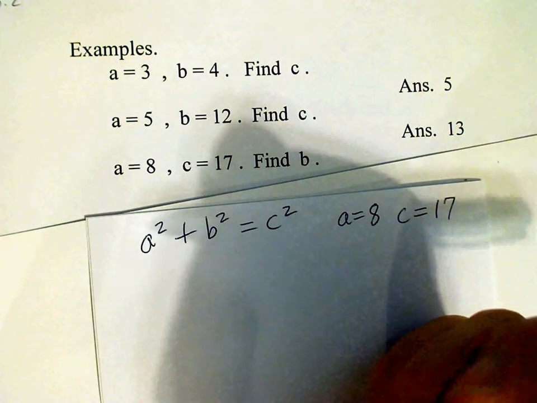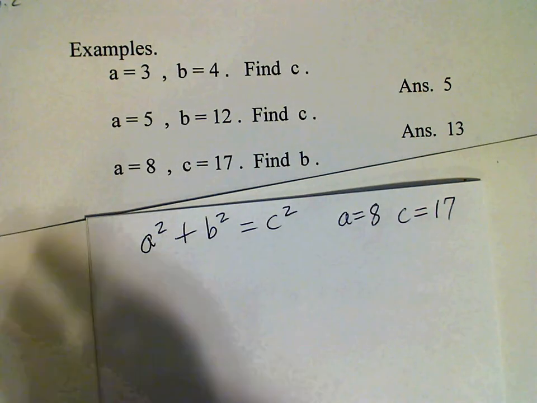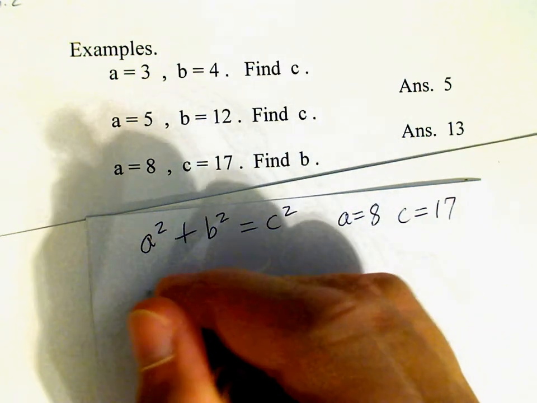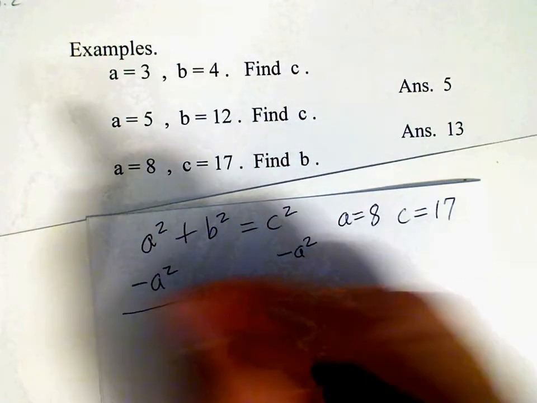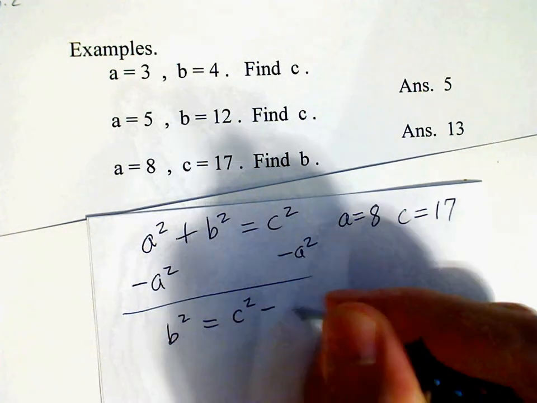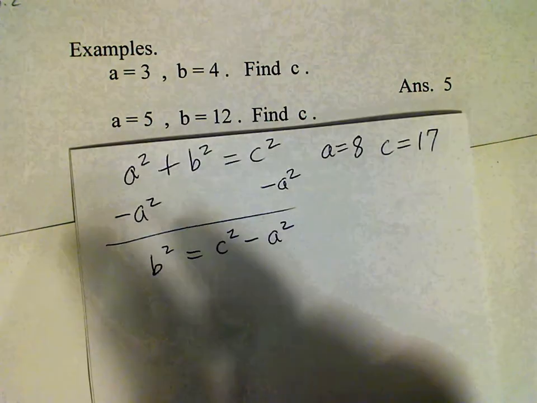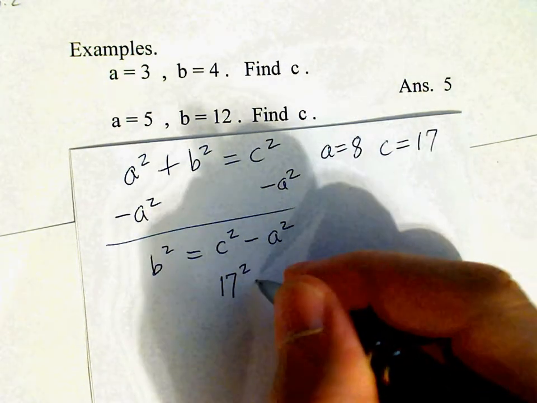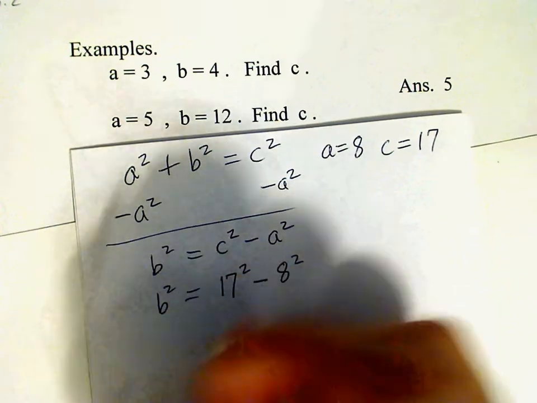Okay, so let's just transpose the A squared to solve the equation for B squared, and that will give us, subtracting a squared from each side, b squared is equal to c squared minus a squared. Okay, so now we can plug in 17 squared minus 8 squared, that's b squared.